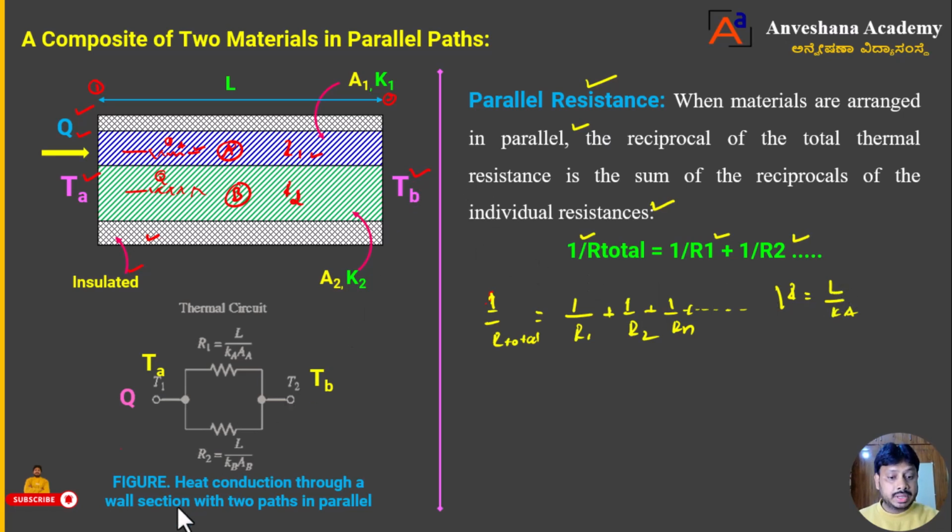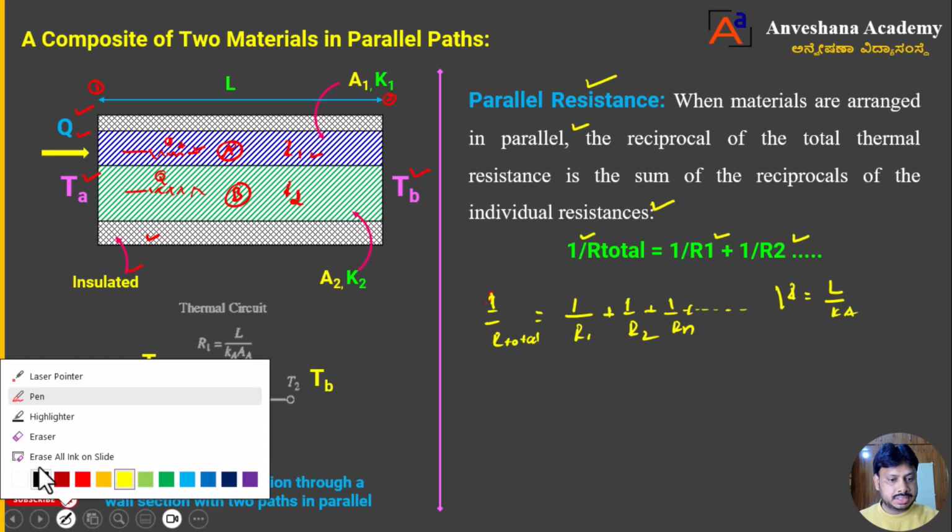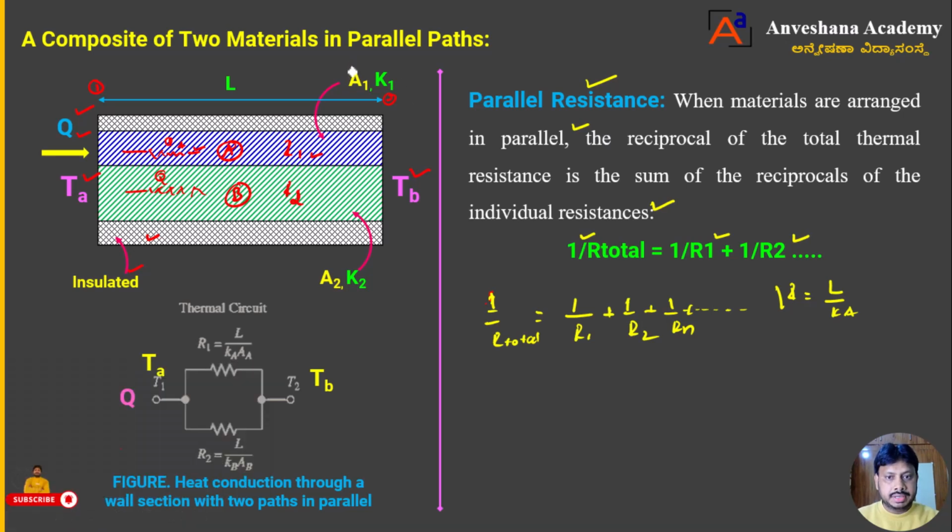A1 represents the area of material 1, K1 represents the thermal conductivity of material 1, and L represents the length of both materials. Both materials are the same length, and both ends are well insulated at the bottom and top. A2 represents the area of material 2, and K2 represents the thermal conductivity of material 2, dear students.